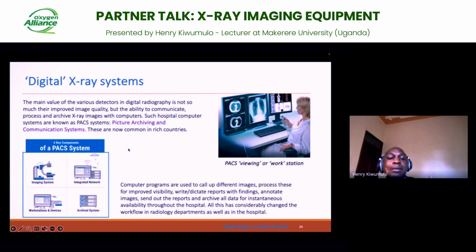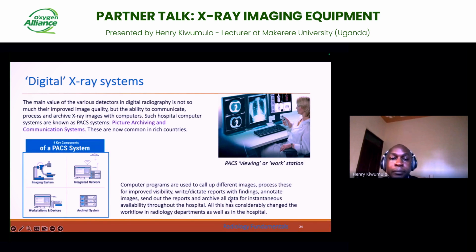So not only the quality of the image, but these digital systems have brought tremendous changes, whereby the imaging gets improved. You can integrate the network, you can have different archives, and of course workstations. One can work from anywhere using these systems.